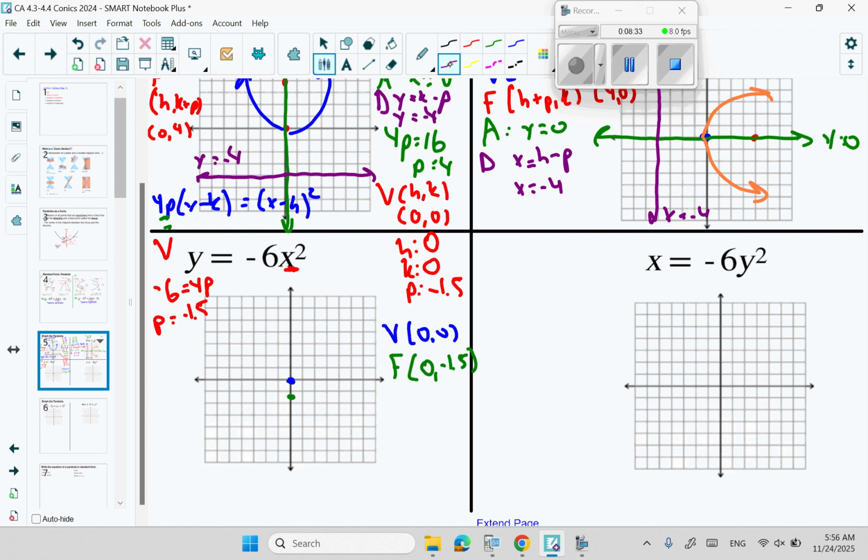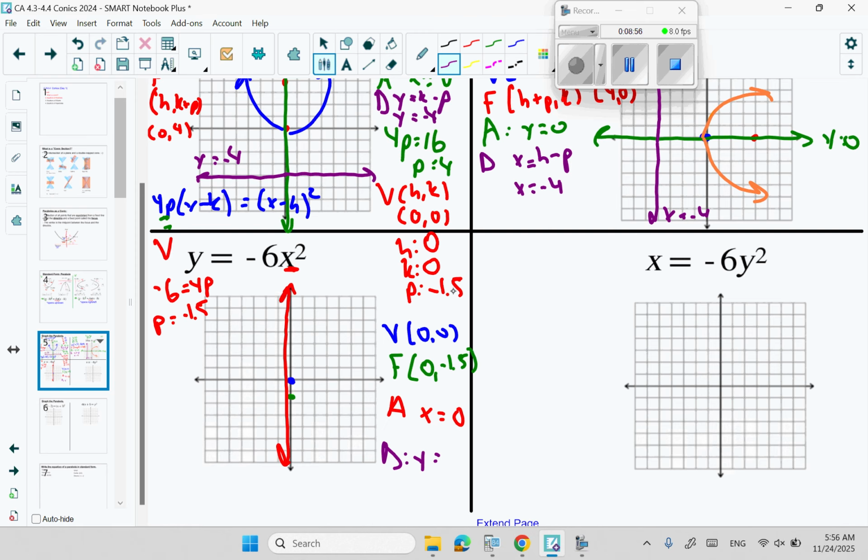Okay. My axis is going to be vertical, so x equals h, which is 0. And then my directrix is going to be horizontal. It's y equals k minus p.